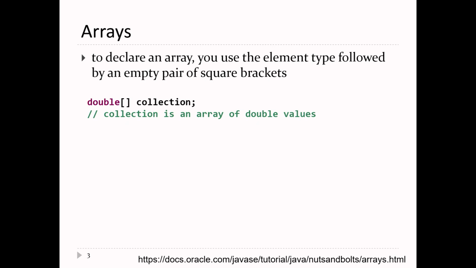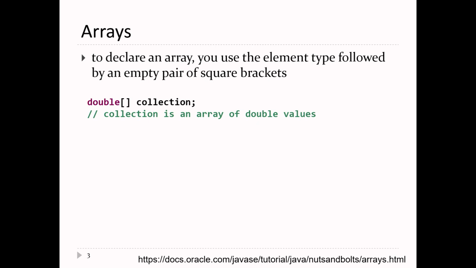One of the differences you'll see in Java is that the type of the array looks different than the type of the array in C. In C, the square brackets go after the array name, so you would write double collection with square brackets in C. Most Java programmers put the square brackets after the element type.